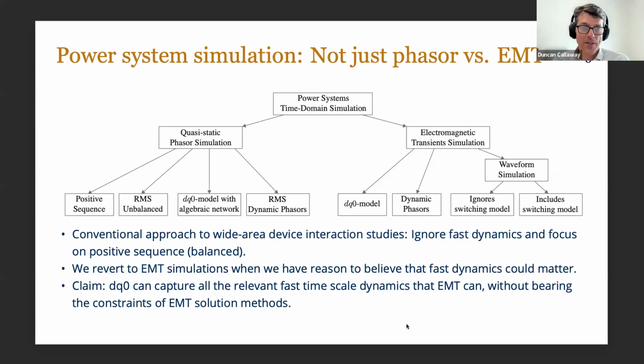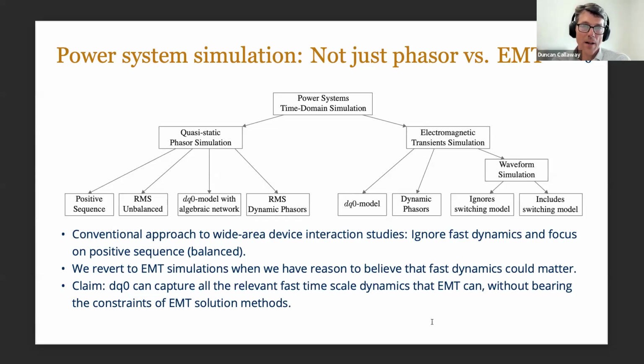If you think about a phasor domain or a quasi-static phasor simulation or a positive sequence simulation in the extreme, there's an important approximation that's getting made in that case, where effectively what's happening is that you're averaging out dynamics on your 60 or 50 hertz cycle.